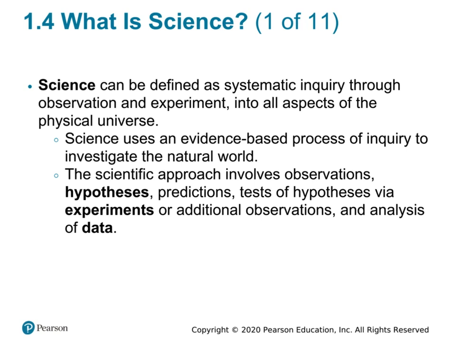When we talk about the scientific approach, it involves things like observations, hypotheses, predictions, tests, and also experiments. Sometimes those experiments work, sometimes they don't. Sometimes they strengthen our resolve around our data. Other times they prove our data wrong. Sometimes they're not able to be replicated. And then that's bad experimentation. And we have to update things constantly to make sure that we have the best possible data, experiments, and information.